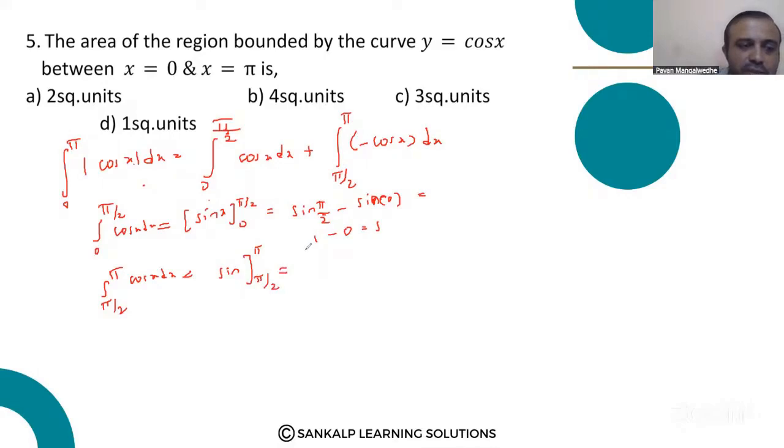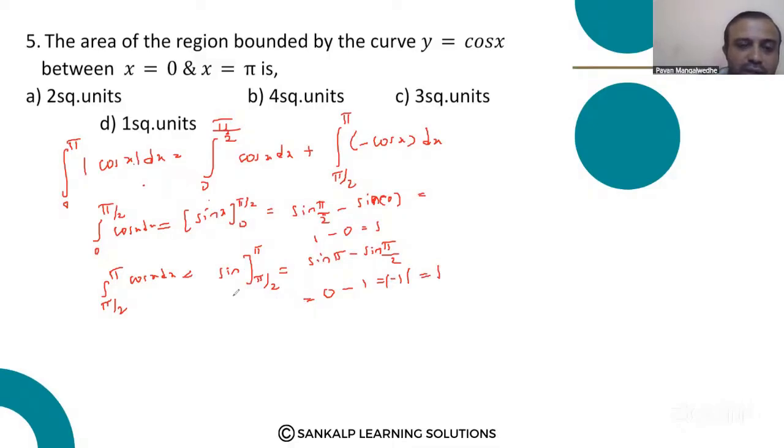Upper limit minus lower limit, that is sin of pi minus sin of pi by 2, which gives 0 minus 1, which gives minus 1. But minus 1 must be taken as a positive area, because area is always calculated in a positive manner. So it is kept under the mod, which gives us 1.